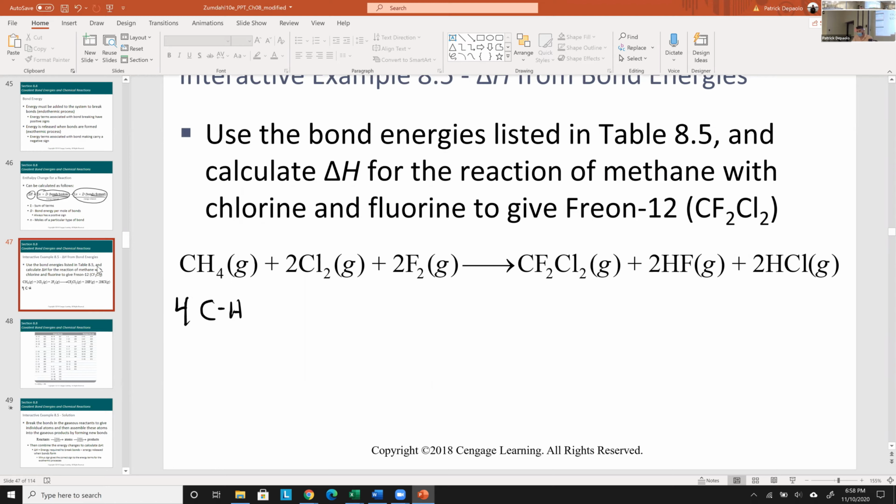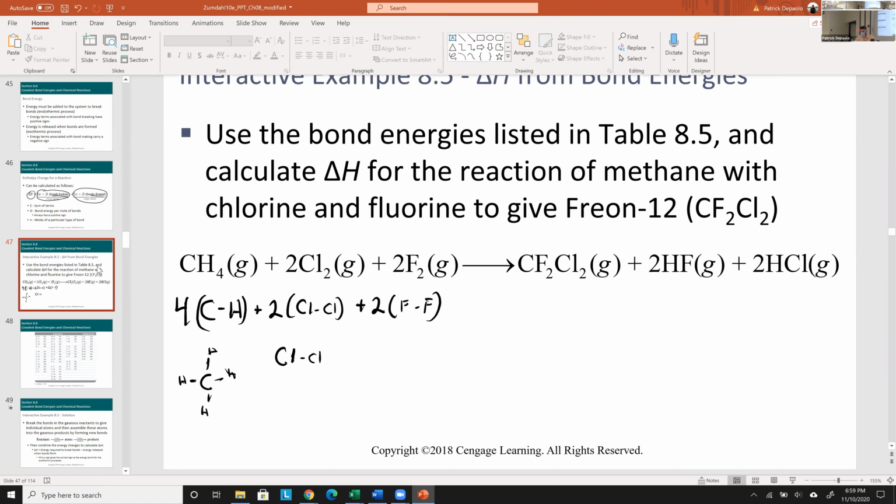So let's say you had CH4 looks like this, where there's a carbon in the middle and 4 hydrogens. And then chlorine, Cl2, is just two chlorines bonded, and there's 2 of them. So you would take 4 CH bonds in CH4, plus 2 times ClCl, since Cl2 is written ClCl, plus 2 times the F bond.